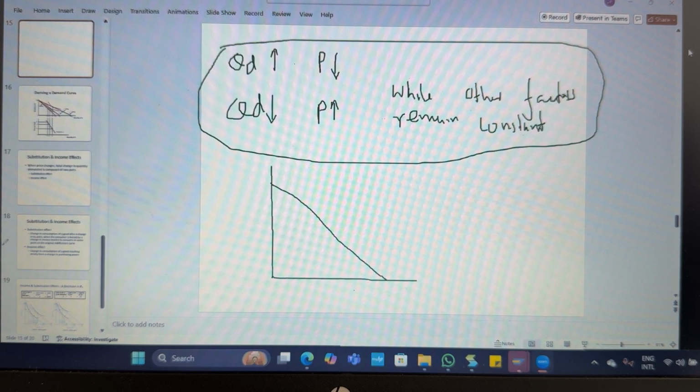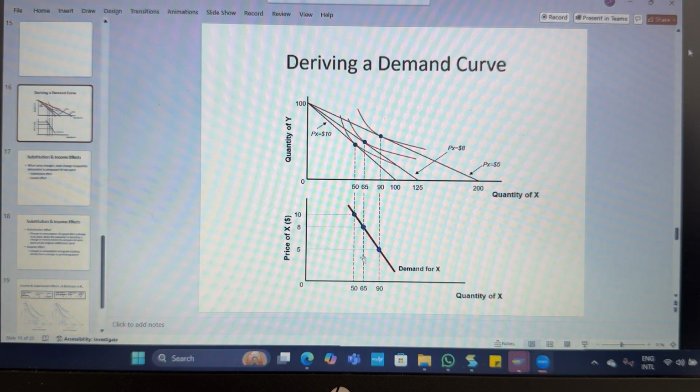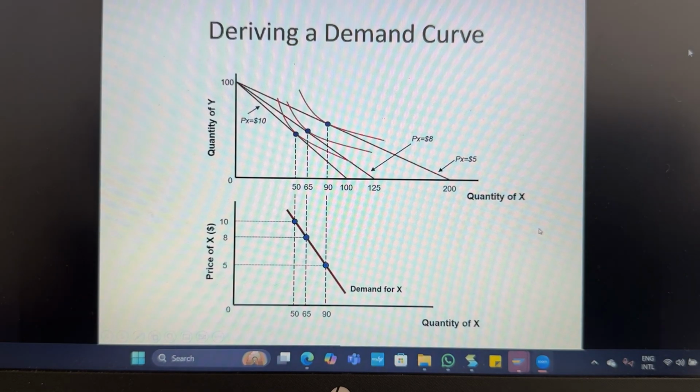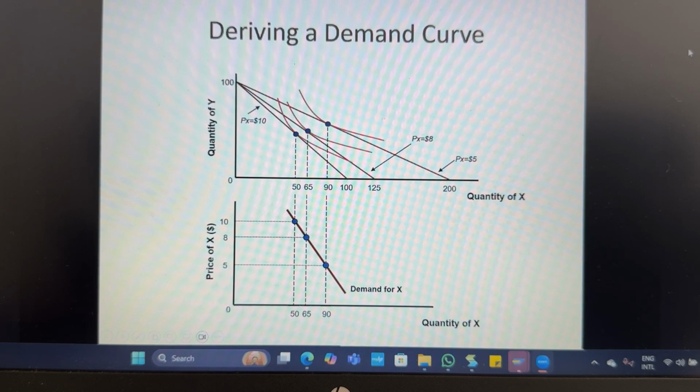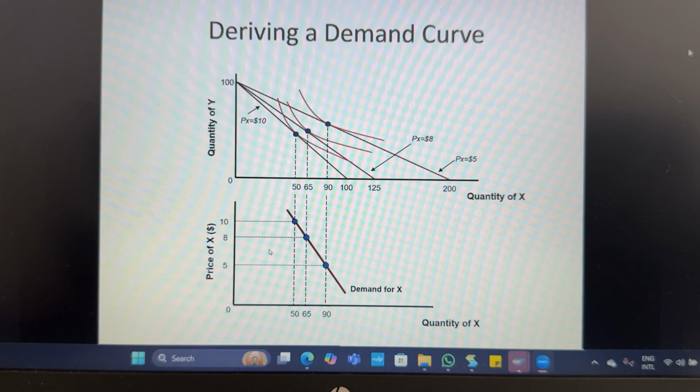Now we are going to construct the demand curve for a commodity with the help of indifference curve analysis. Pay your attention to the top panel of this graph, the upper part of the two-panel graph.